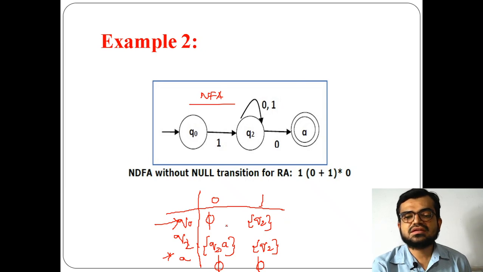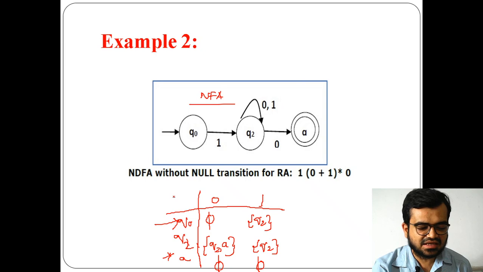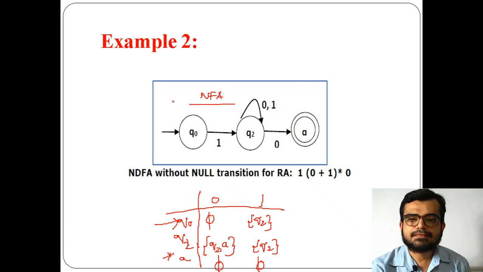Now what we got is my transition table. Using this transition table, I have to convert this into DFA.